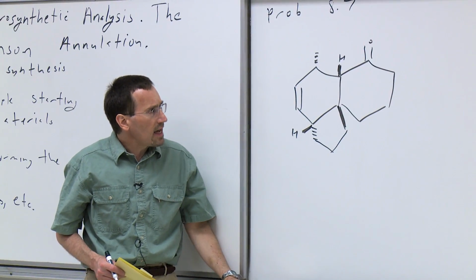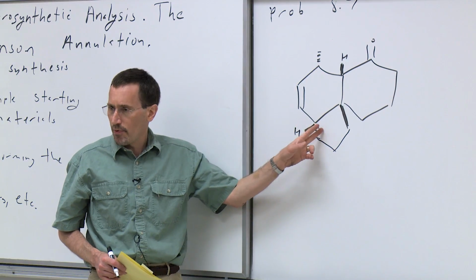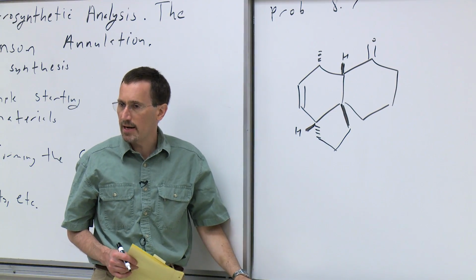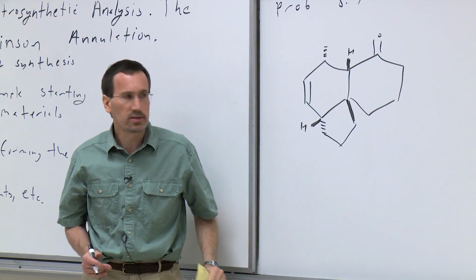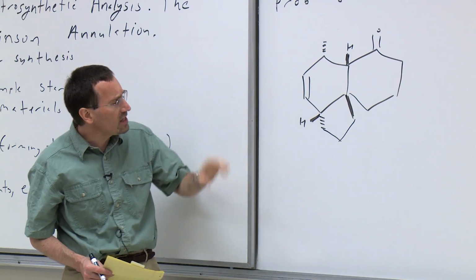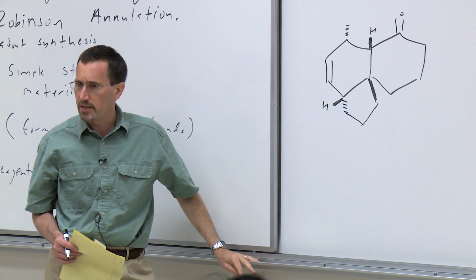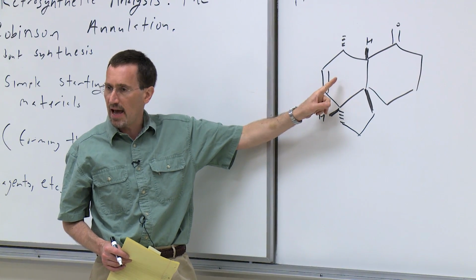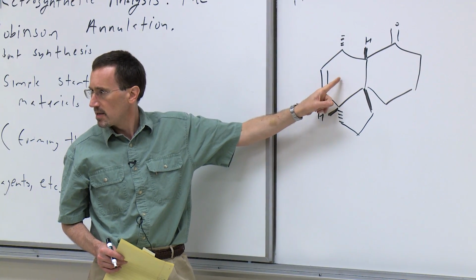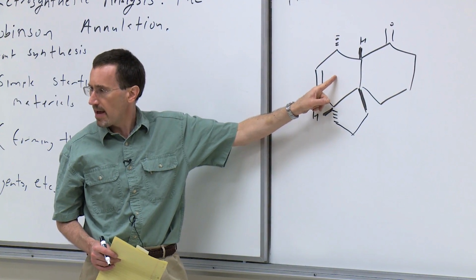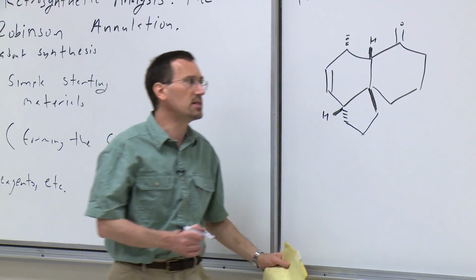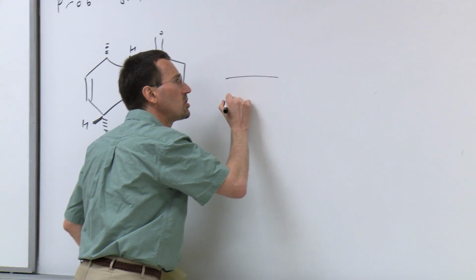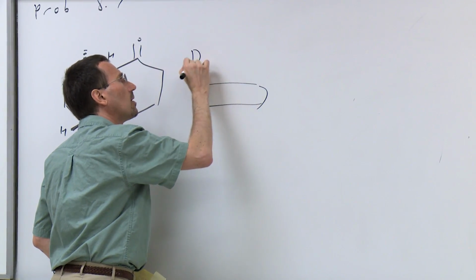Now, in looking at this molecule, I was impressed in looking at it as an example to talk about in today's class, because even though it looked like a very daunting molecule, I saw a cyclohexene ring, and immediately cyclohexene makes me think about a Diels-Alder reaction. So let me show you that backwards.